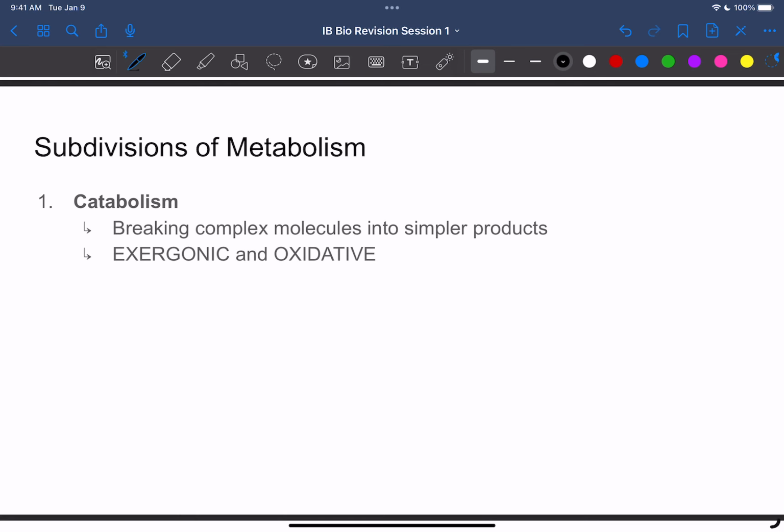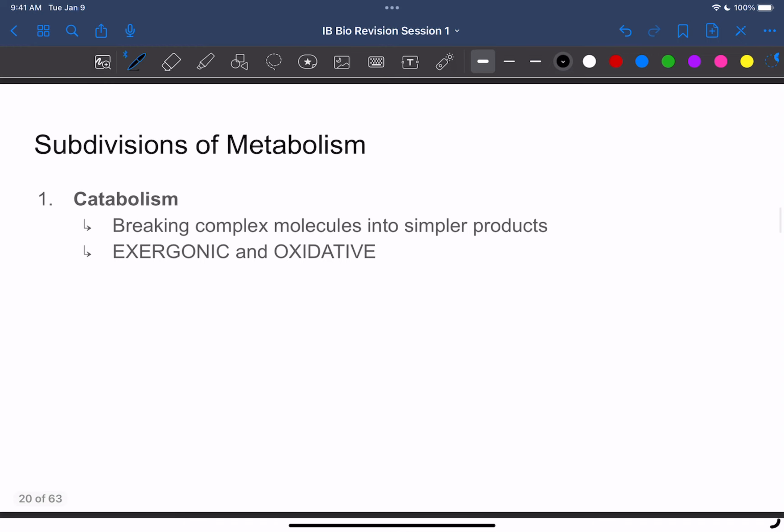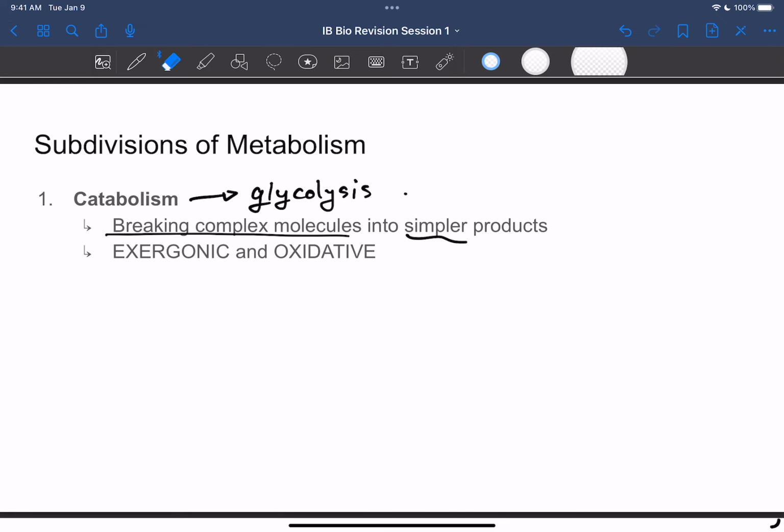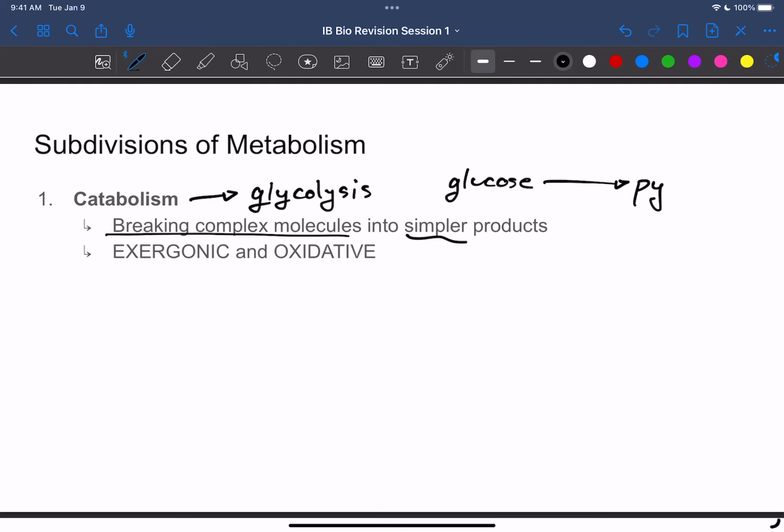Now we're going to get into these words that I mentioned. So the subdivisions of metabolism, there are two. There's catabolism, which is what I mentioned, breaking complex molecules into simpler products. And an example of catabolism is glycolysis. Taking glucose and breaking it down to get pyruvate.